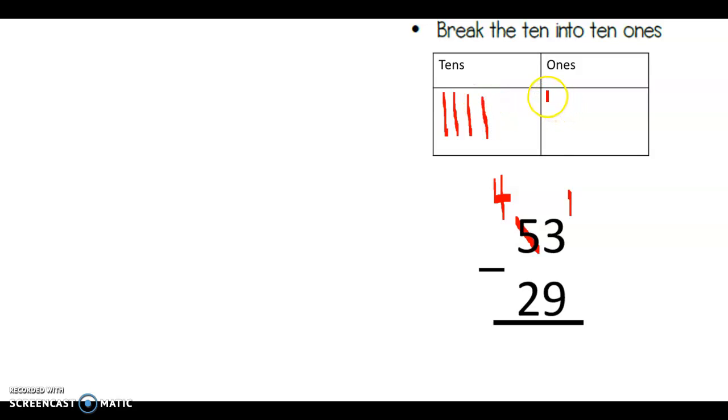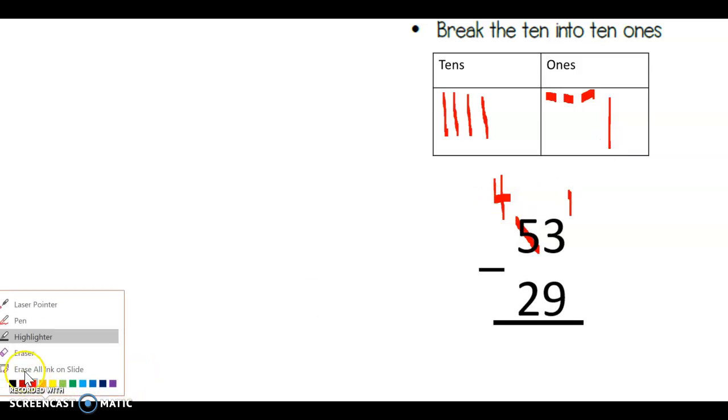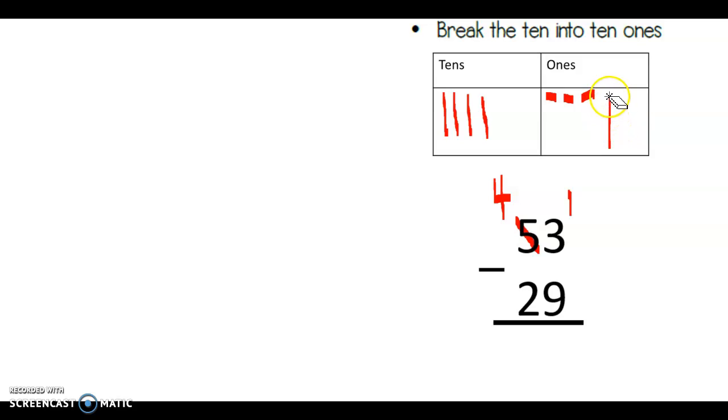And remember, I've got my 3 ones already that I started with for 53. And then I've got that 10 that I brought over here. Well, I can't have a 10 in the ones place. So like we said, we're going to break that 10 up into 10 ones.